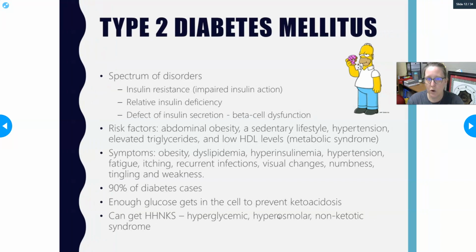Okay, now let's go over what happens in type 2 diabetes, which is different. Type 2 diabetes is actually a spectrum of disorders. It starts with insulin resistance, which is basically impaired insulin action. In insulin resistance, insulin is being produced and the receptors for insulin are on the surface of the cells, but the receptors aren't responding to it, and there aren't enough glucose transporters being put up.